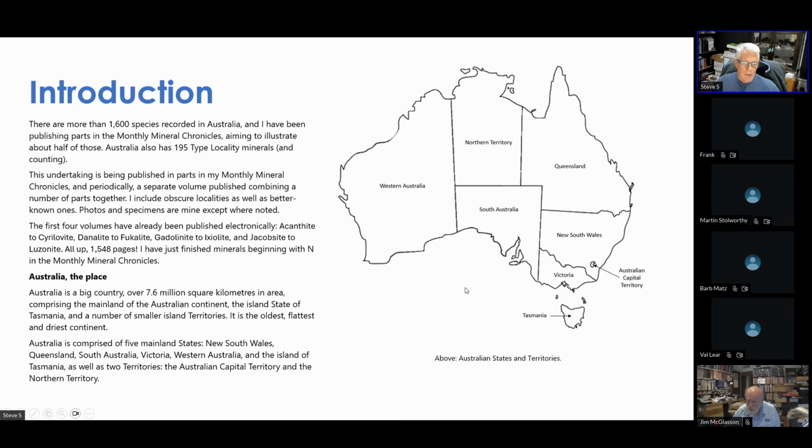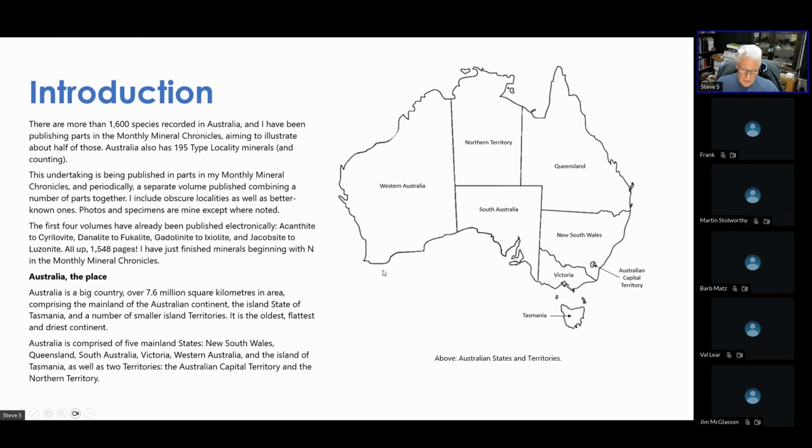And each time I do one of these presentations, the numbers change. So I think when I first started the project, which I'll talk about in a minute, I was saying that there was something like about 1,550 species recorded in Australia, and now we're over 1,600. So there are more that are added on a relatively regular basis.